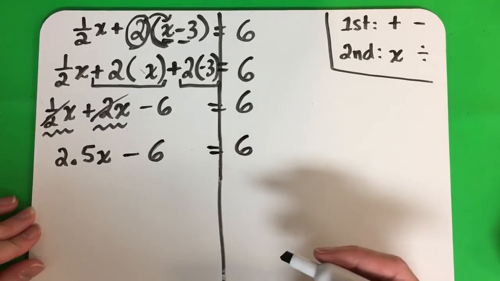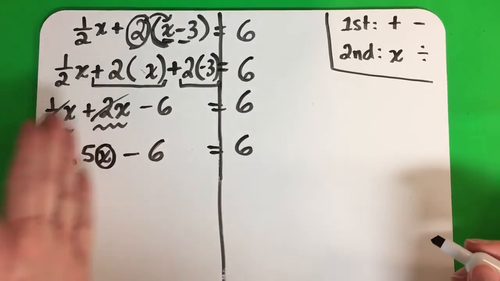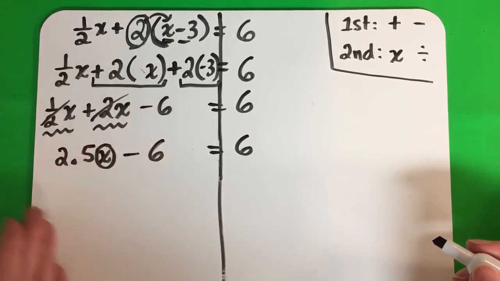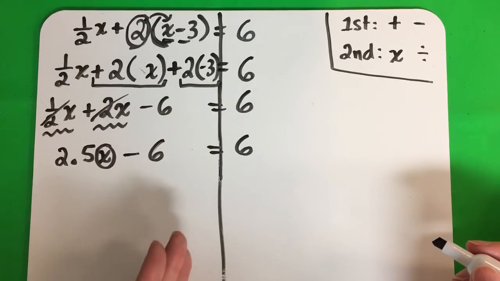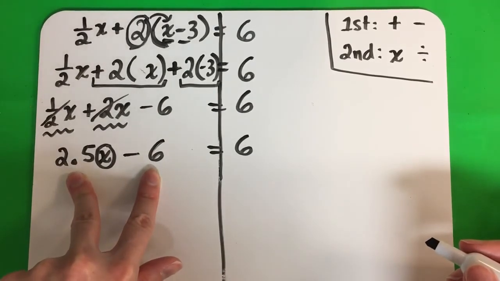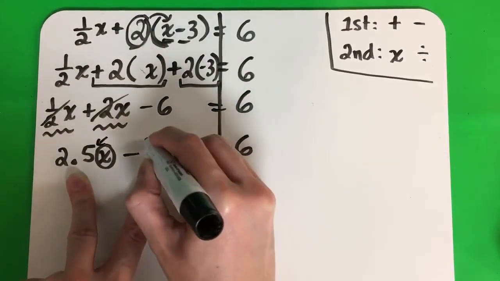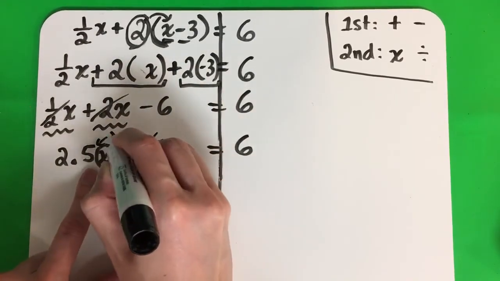Now I can continue. So what is my goal? Mi meta, x alone. X is on the left, x está en la izquierda. The 2 numbers on the left are 2.5 and negative 6. Los dos números que están en la izquierda son 2.5 y negativo 6. Here it's multiply.